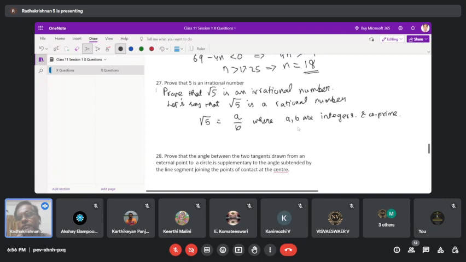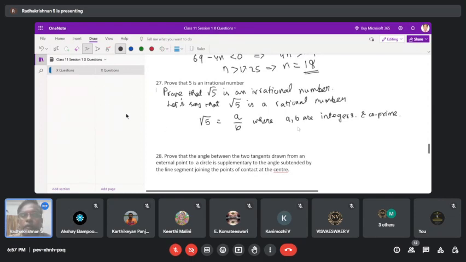For example, 3 by 4 is represented in the form of co-prime. 3 and 4 are co-prime with each other, whereas 3 and 6 have a common factor of 3, so they are not. 1 and 2 are co-prime. So a and b we are representing in the form of two integers which are co-prime.